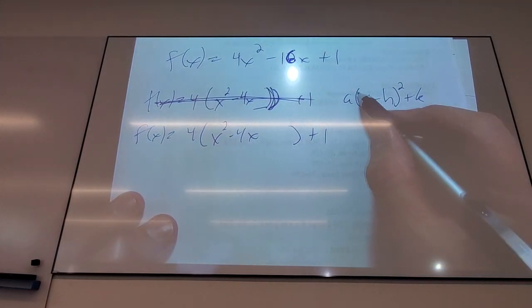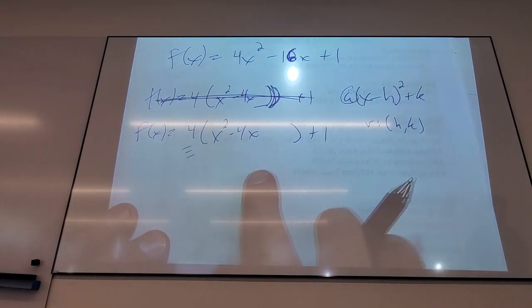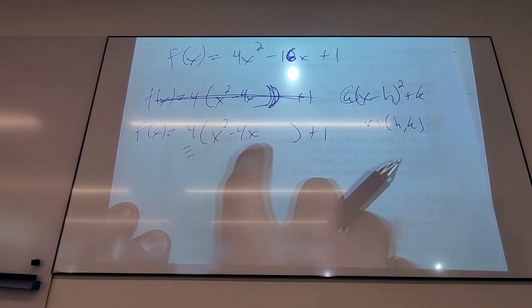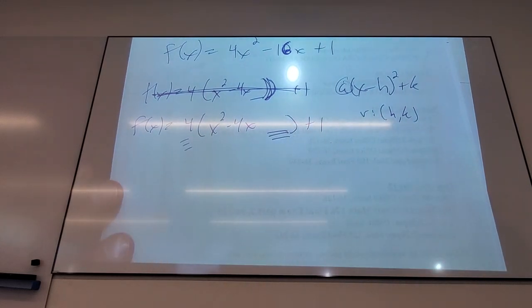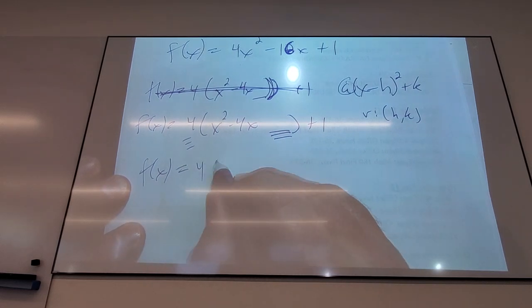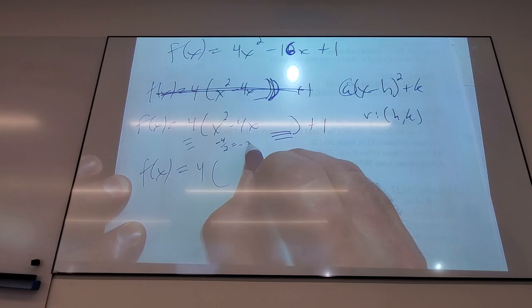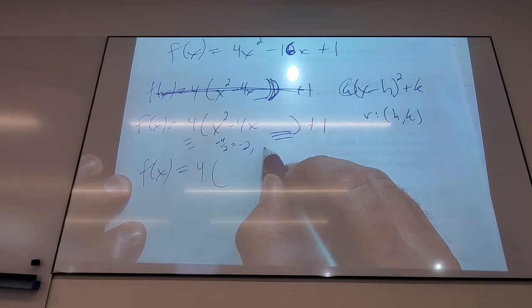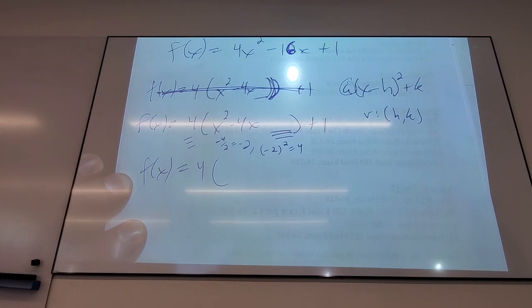Do you see how I already know what A is? How do I complete the square? What do I have to put here? How do I figure that out? Take the middle term, divide it by 2, and then square it.